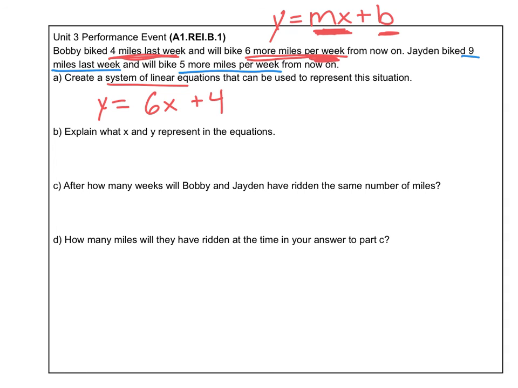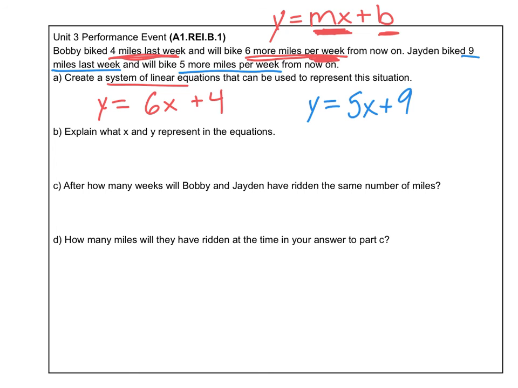And then what about my next equation? King, help me set it up. What'd you put for Jaden's equation? Y equals 5x plus 9. Raise your hand if you agree with that. Good. 9 miles last week, just being added at the end. 5 miles from this week forward, so that's being multiplied by your variable. What does that x represent?